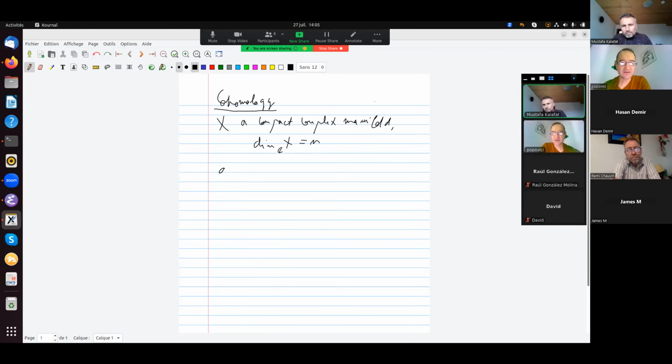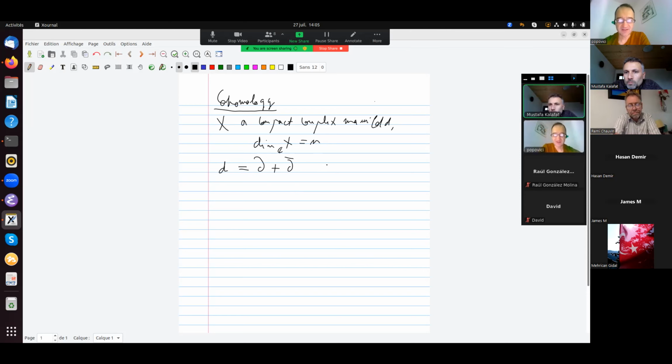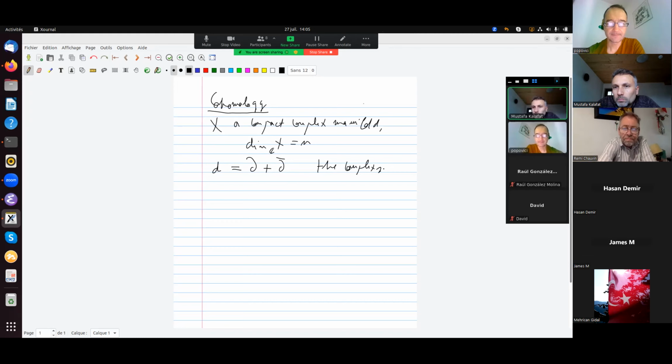And remember that we have the differential operator d acting on differential forms that splits into two parts, del and del bar. So actually the complex structure can be seen as this splitting. The complex structure of X. So del is the 1-0 part. It takes functions to 1-0 forms, and del bar is the 0-1 part.